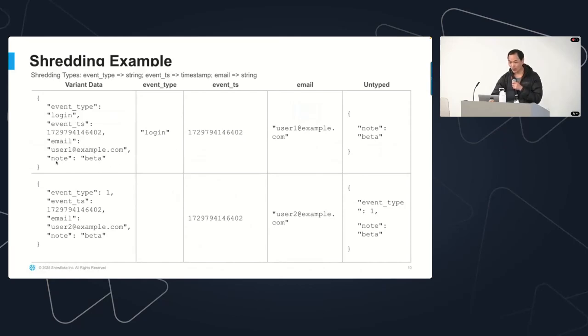Since we are not shredding the note column, it will be saved in an untyped column, which is kind of like binary, so you cannot do further optimization with this column. As I mentioned, since event type is 1, when we shred this it will be null. It will not be shredded, and it will be saved in the untyped field.